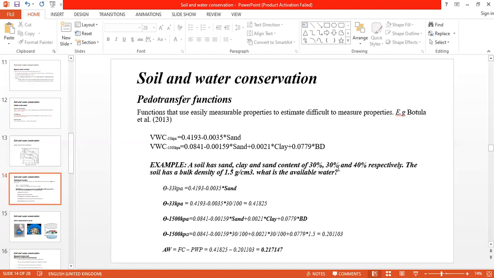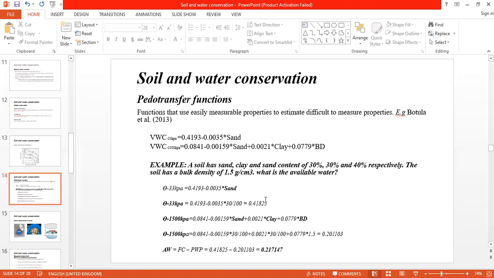For example, in this case it's 30%. So you just place your 30% here, which will be 30 over 100 as a percentage. When you put our sand content in this equation, it will give us this amount.